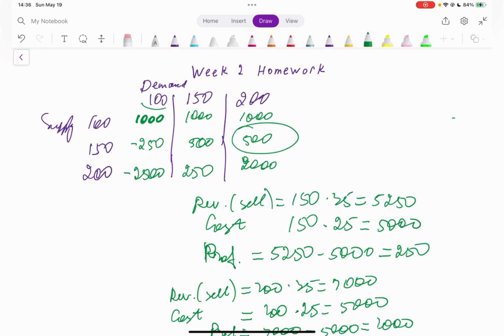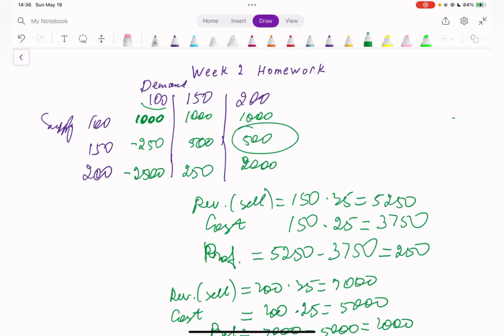So 150 times 25 is 3,750. And we need to subtract here 3,750.